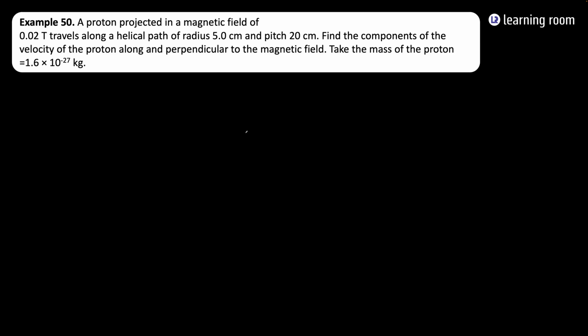See, observe. So when we solve this problem, a proton projected in a magnetic field of value how much? 0.02 Tesla travels along a helical path, right? Of radius how much? 5 into 10 power minus 2 meter. And what is the pitch?